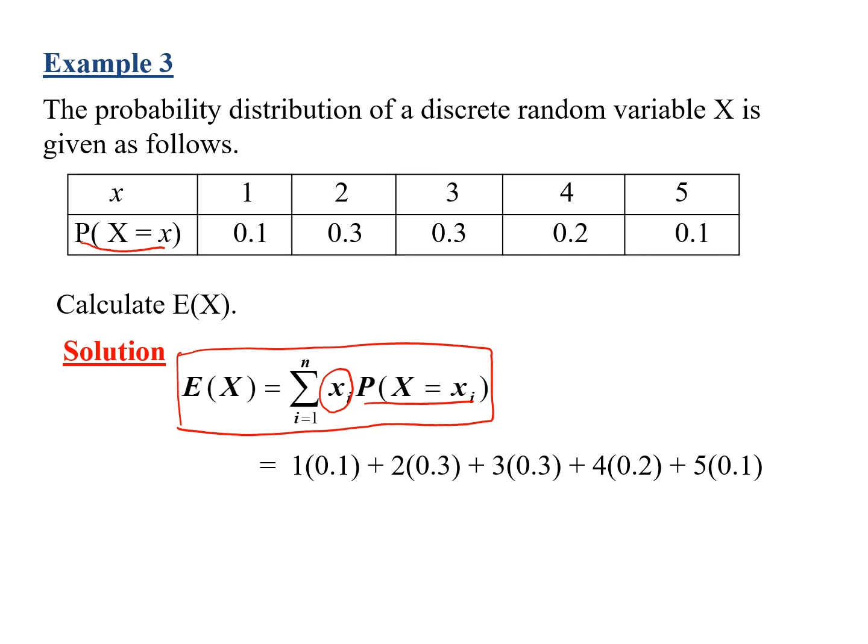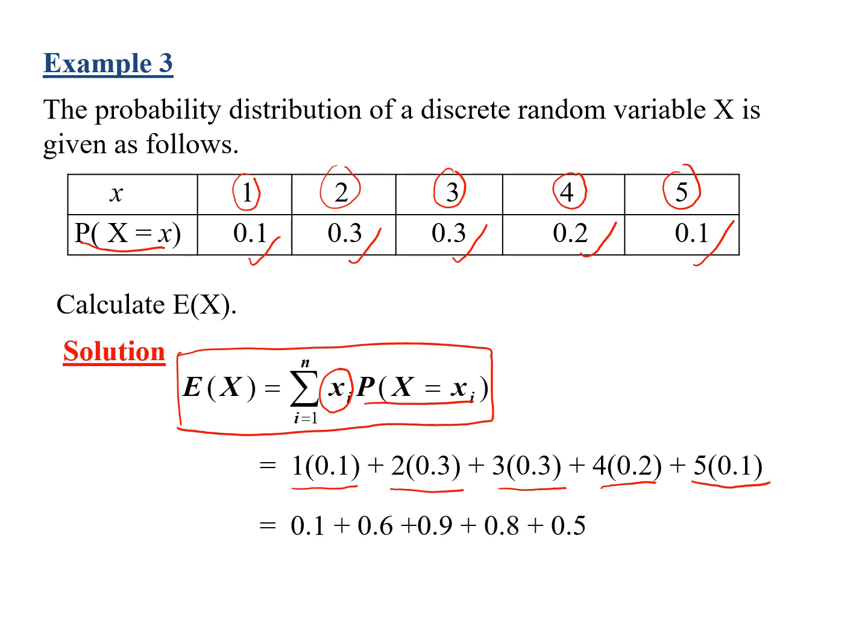So our x is 1 times the probability 0.1, plus x is 2 times the probability 0.3, plus x is 3 times the probability 0.3, plus x equal to 4 times the probability 0.2, plus x is 5 times the probability 0.1. Then we total up the values, then we will get 2.9 as our mean, the expected value.